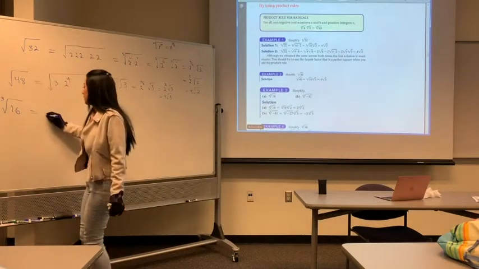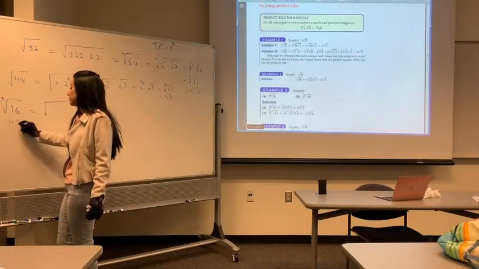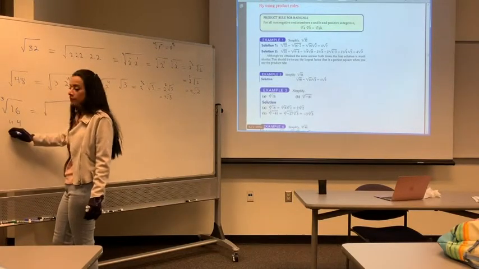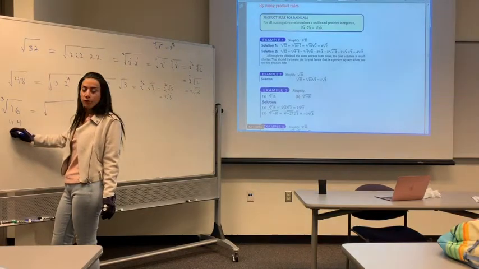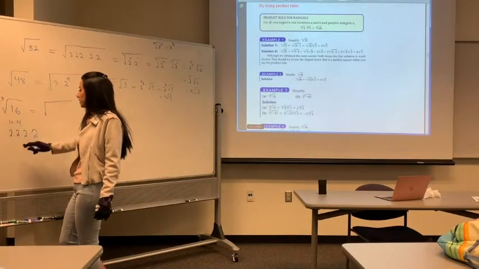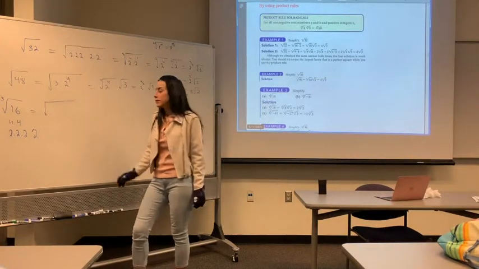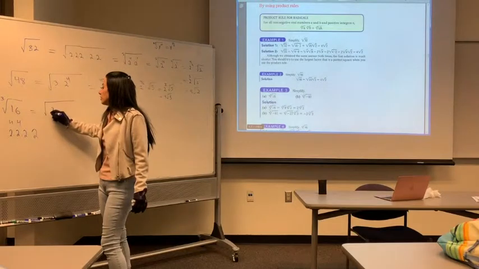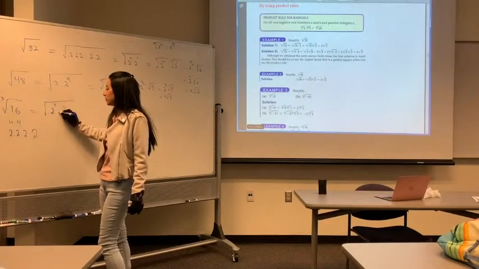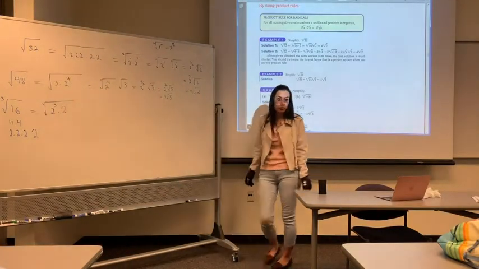We know 16 is 4 multiplied by 4, and 4 is 2 times 2, so we have 2 times 2 times 2 times 2. So we can write 2 power 3 multiplied by 2. Keep the index, which is 3.